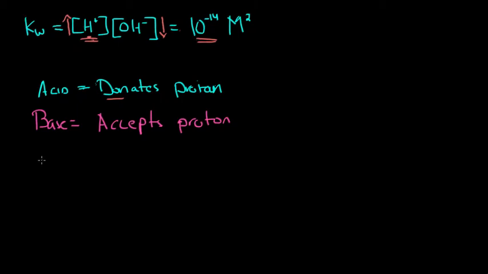Using the Kw, we can do a quantitative treatment of what acids and bases are. So instead of just knowing that one donates a proton and one accepts a proton, we can go more in depth and say at what concentration something acts as an acid, and at what concentration something is acting as a base.